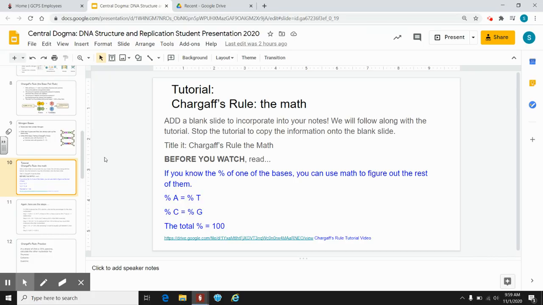And you can check your math, because if you add them up and it doesn't make it to 100, you've done something wrong. If you add them up and it's over 100, you've done something wrong. Okay, so we are going to watch the Chargaff's rule tutorial.